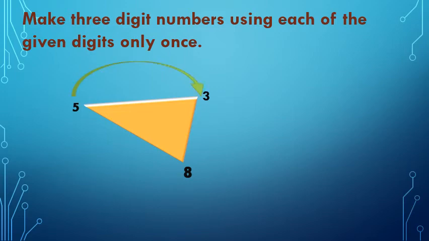See dear students, first we will take 5 first, then in clockwise direction we will go. First 5 we will write, then we will write 3, then we will write 8. It will become easy. Otherwise it will become a mess for us. Then the second number we will write like this.